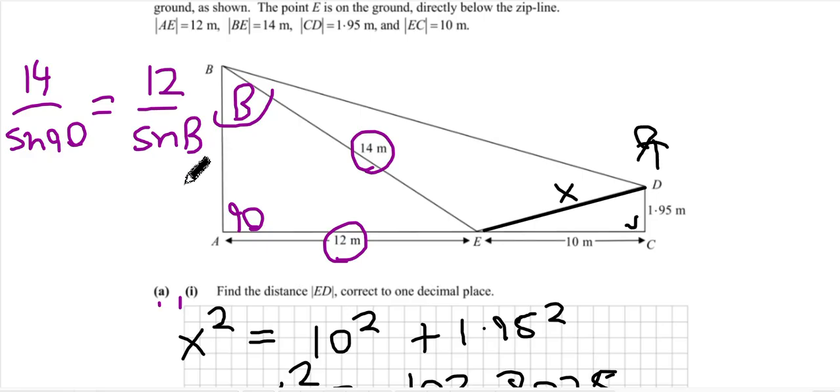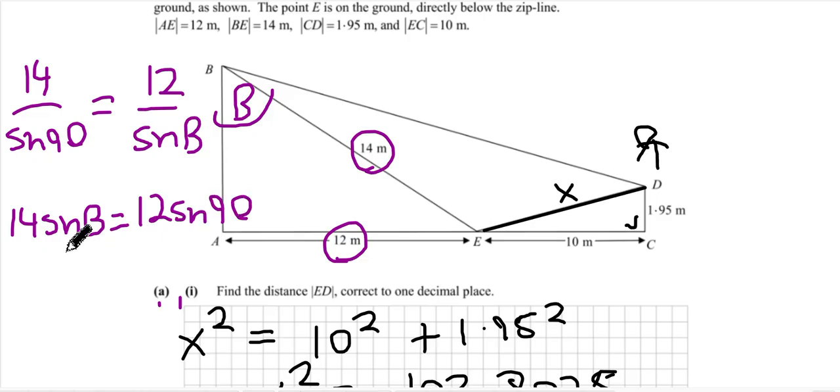Now I'm going to get sine B on its own. So where's sine B going to go? It's on the bottom right, so I could move it to the top left. And where do I move sine 90? 12 sine 90. Now where do I put the 14?